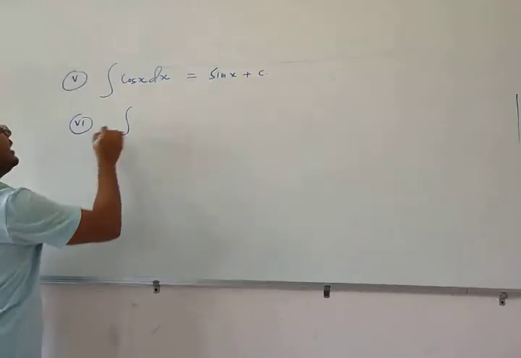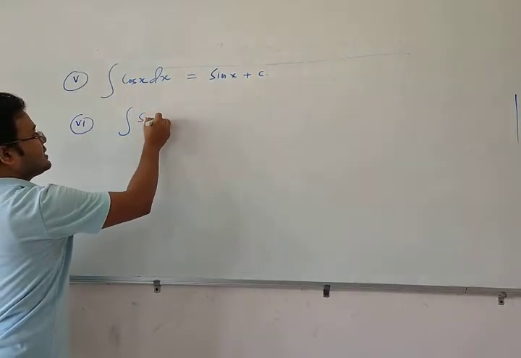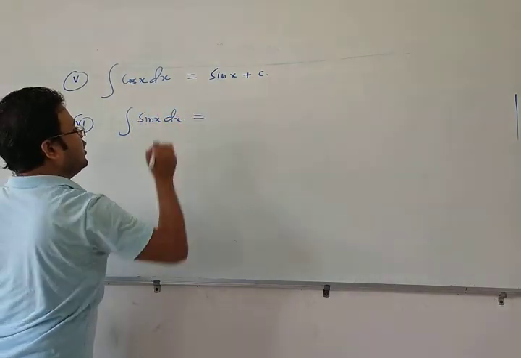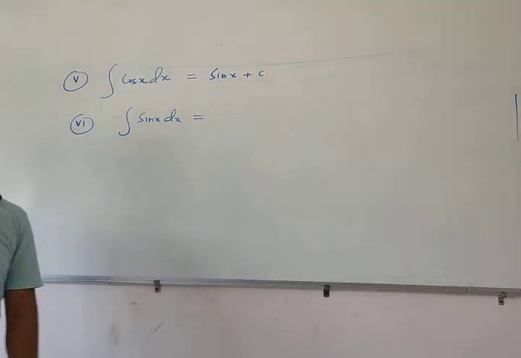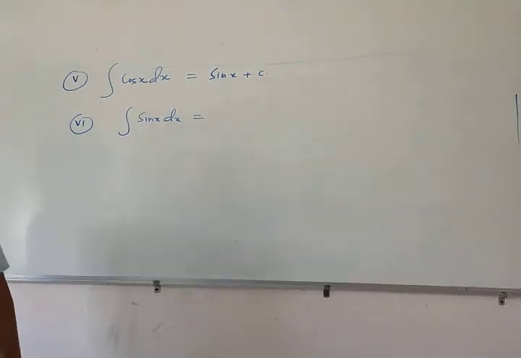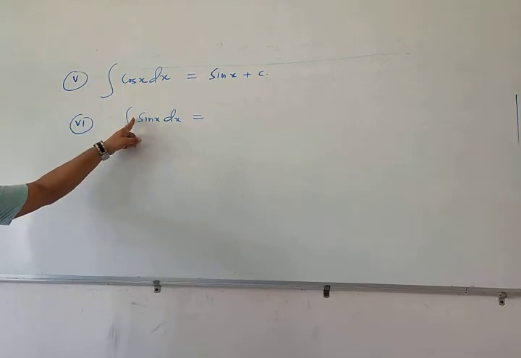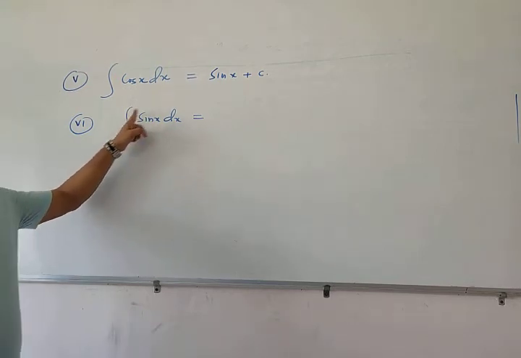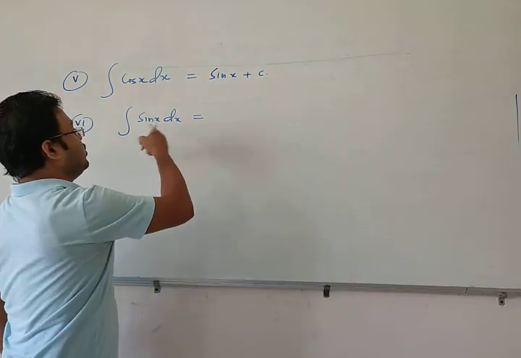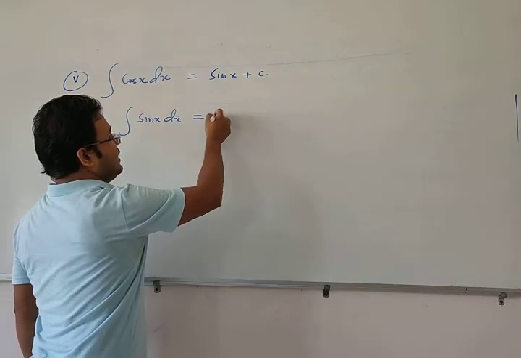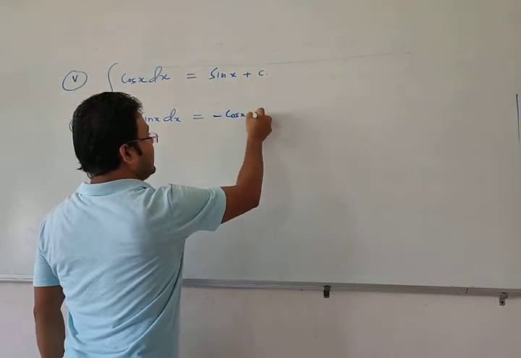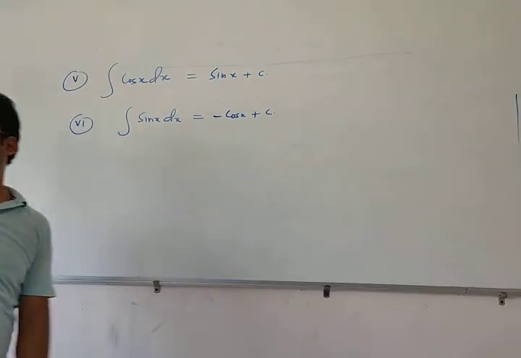Number 6. Integration of sin x with respect to x. We know that the differentiation of cos x is minus sin x. But here there is no negative sign. So we will manage this sign, and we write this sign not on the left side but on the right side. So the integration of sin x is minus cos x, and lastly put the constant of integration.